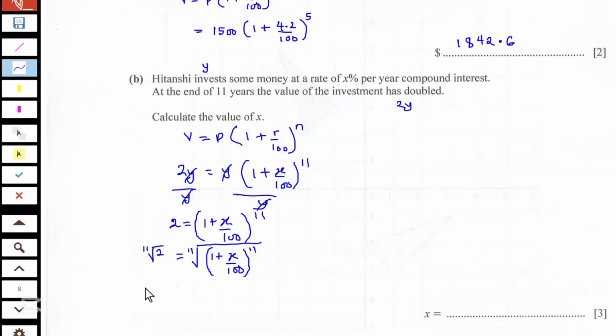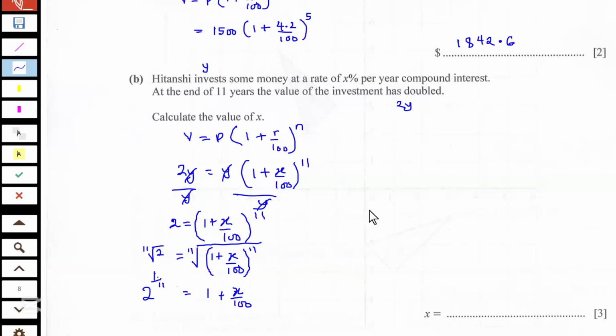Which means we've got 2 to the power 1 over 11 equal to 1 plus X over 100.